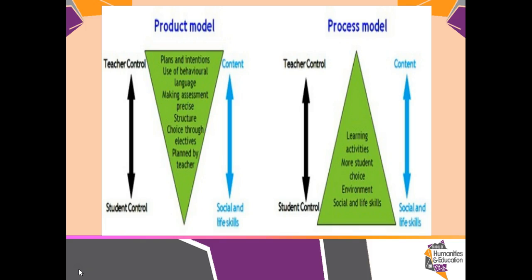As student control is low, the emphasis on social and life skills is also very low. In the process model, it is opposite: once the teacher control is low, the content is also low. As students' control is high, emphasis on social and life skills is also high.